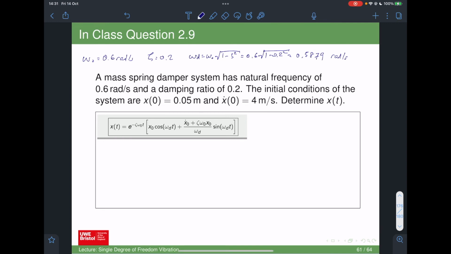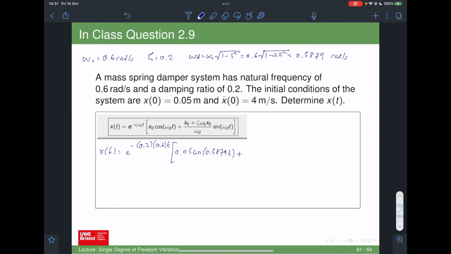So we've got x of t equals e to the minus zeta omega naught t, which is 0.2 times 0.6 t, x naught is 0.05, and v naught is 4.